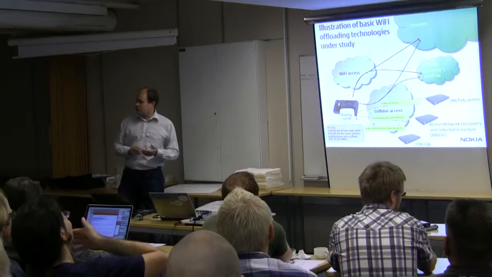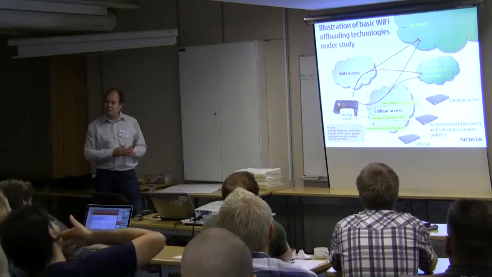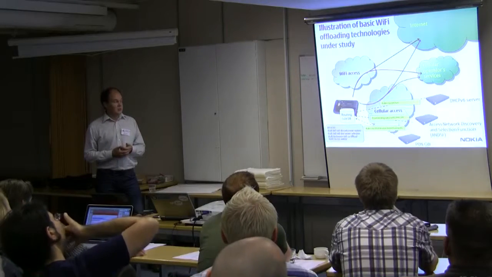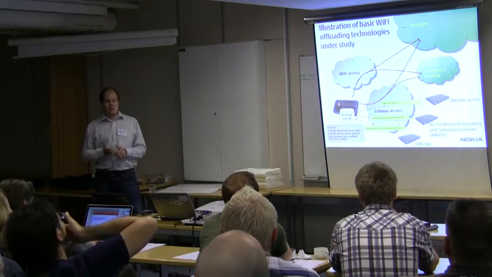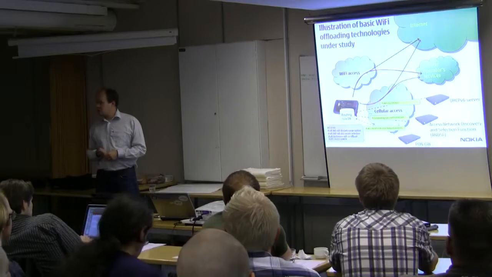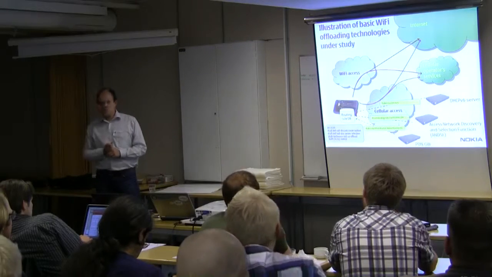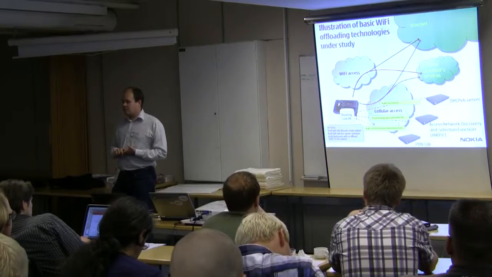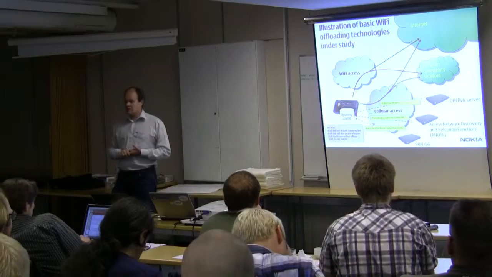This traffic you should try to send over Wi-Fi, or you should try to send over cellular. With DHCPv6, it is possible to get rules like more specific IPv6 routes, DNS server selection rules, and address selection policy rules.